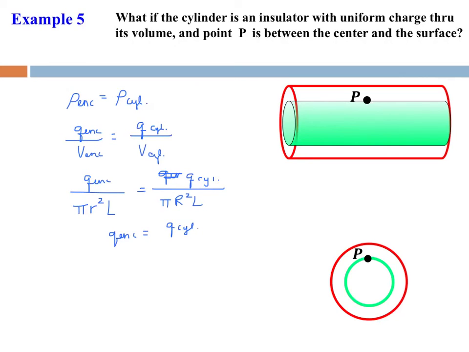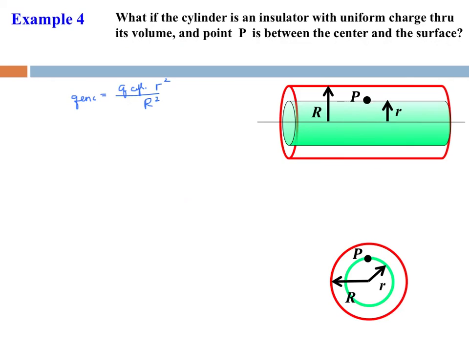So all we're left with is a ratio of r squared over capital R squared. Again, remember that little r is going to represent the radius of our Gaussian surface, and capital R is going to represent the actual radius of our cylinder. So Q enclosed is what we're going to use to solve for our electric field.